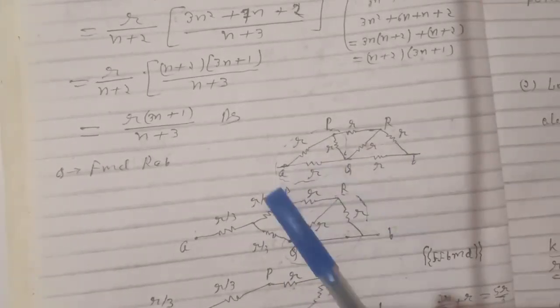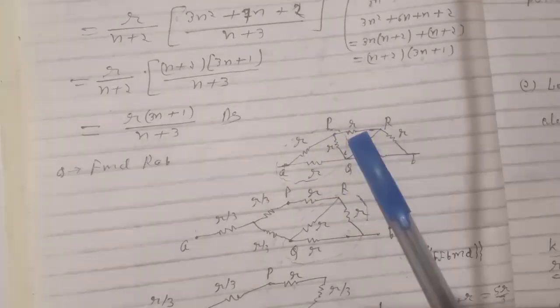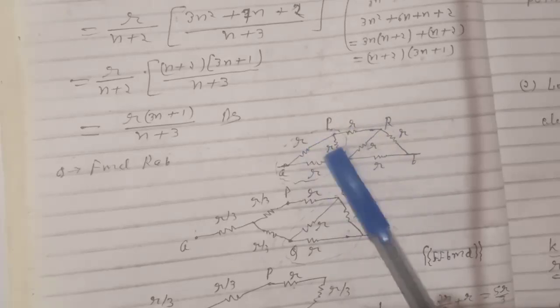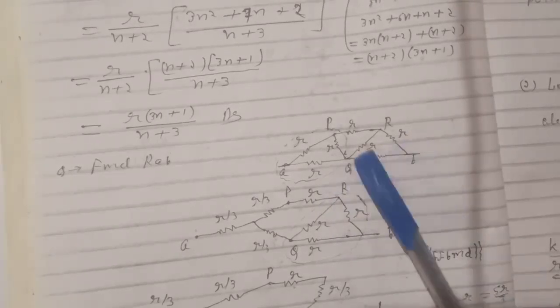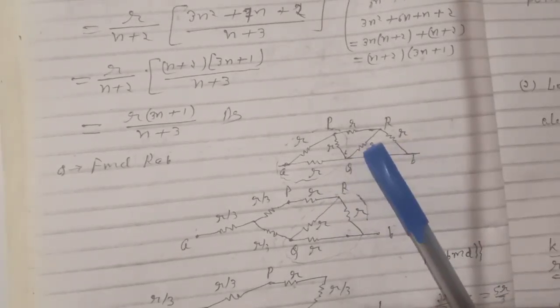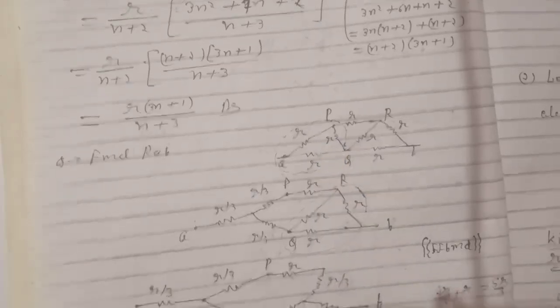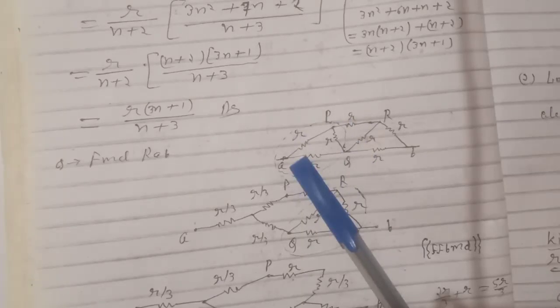First, we see that these three closed loops are making a delta formation. So to solve this, any one delta should be transformed into a star formation. Here I am transforming this part of delta into a star formation.